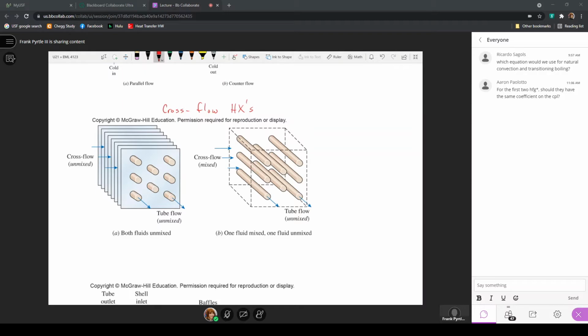Also, the condenser and evaporators of air conditioning systems fall into this type, in that you have a tube that is going to carry the liquid, and on the outside, you have a gas or a vapor.